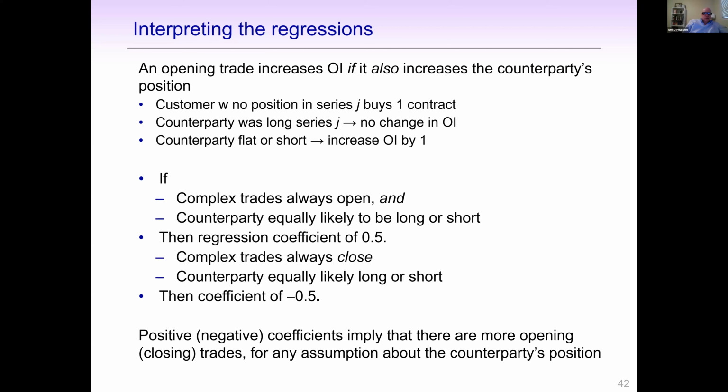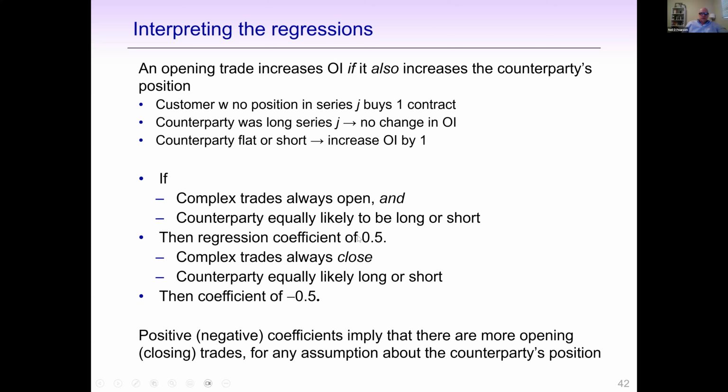So to get an example of how this would work, if complex trades always open new positions and the counterparty is equally likely to be long or short, then the regression coefficient should be 1/2. If complex trades always close positions and the counterparty is equally likely to be long or short, then the regression coefficient should be -1/2.